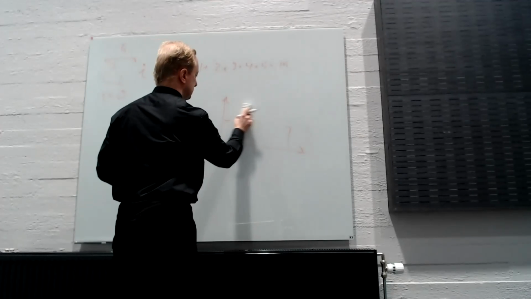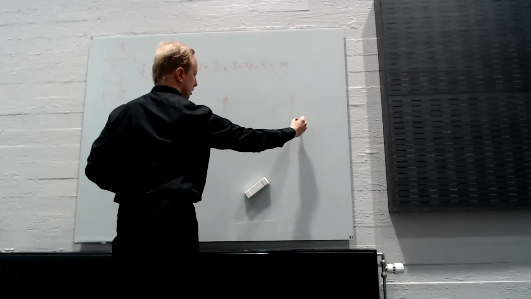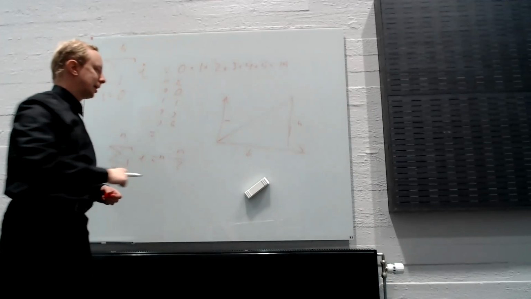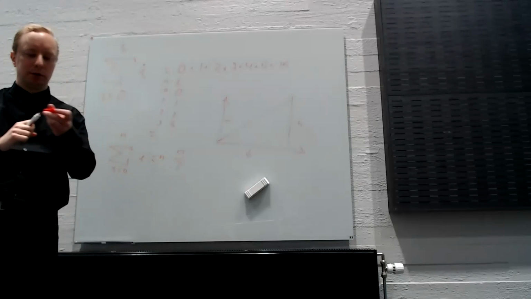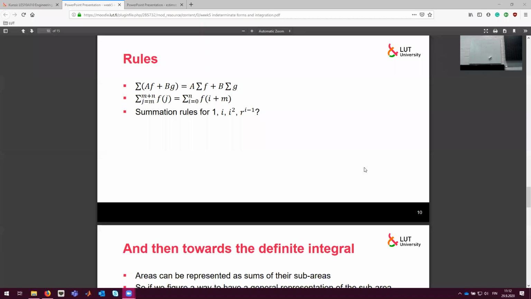What we get here is height times base divided by 2, and when height and base happen to be the same, we get the same formula. We can find similar rules for i to the power of 2, first by tabling the values a little bit, and then figuring out if we can see the pattern, and so on.